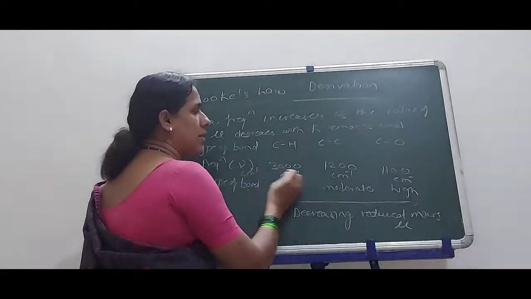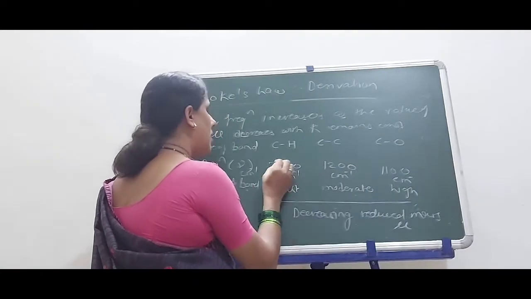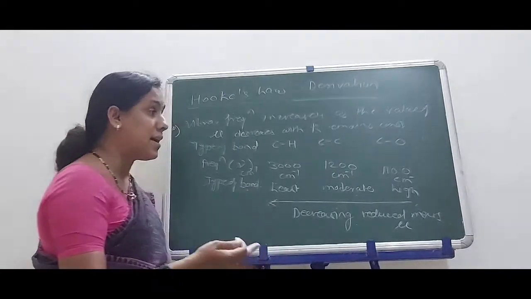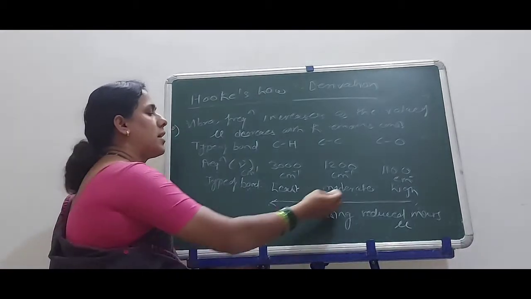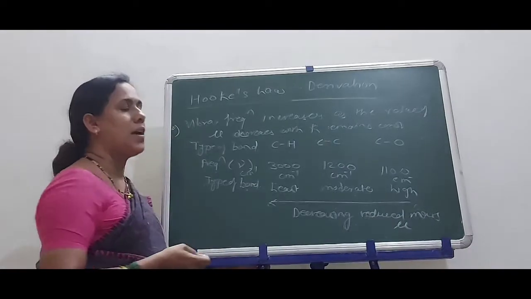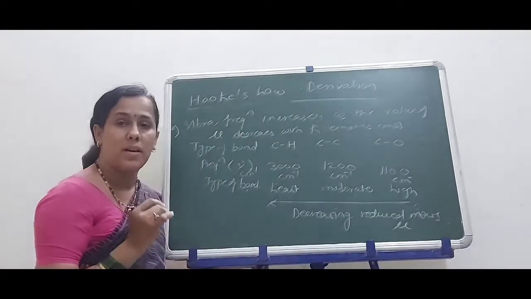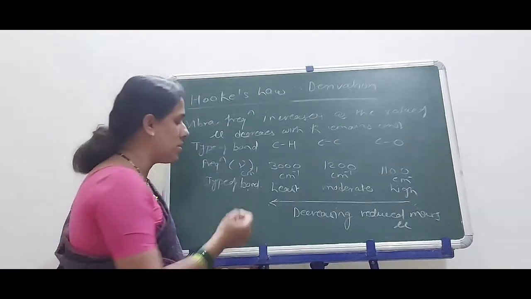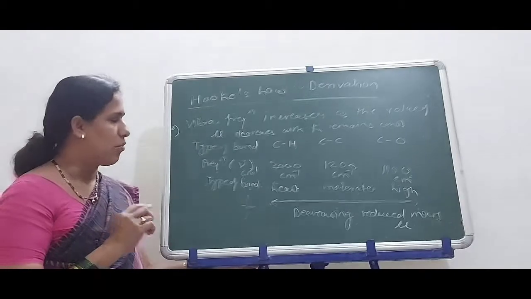Here the vibration frequency is equal to 1100, 1200 and 3000 centimeter inverse. As the vibration frequency increases from right to left, the reduced mass is decreasing, because it is present in the denominator with a square root quantity.